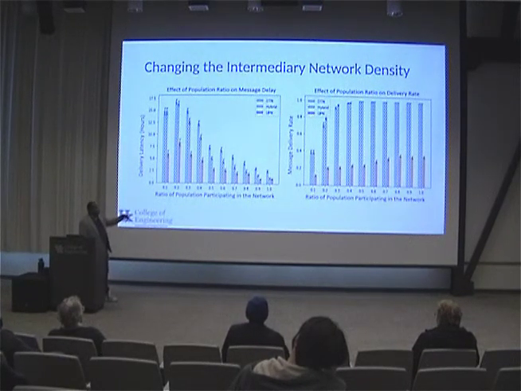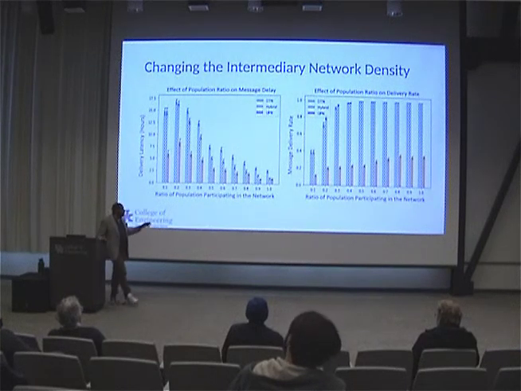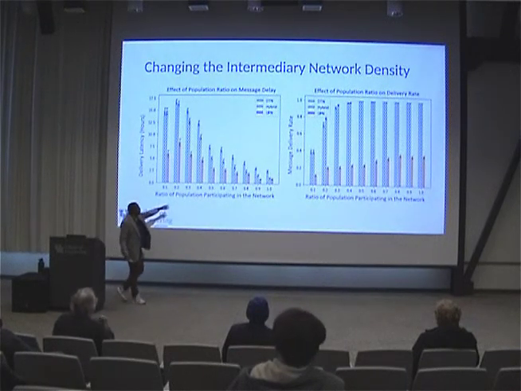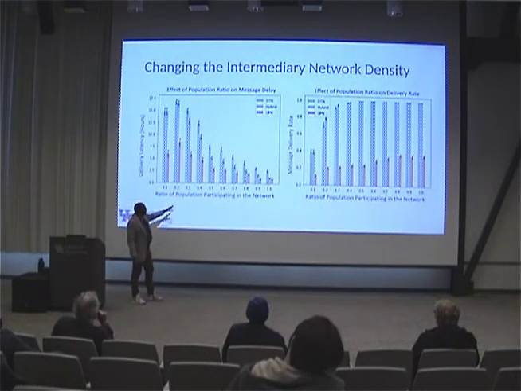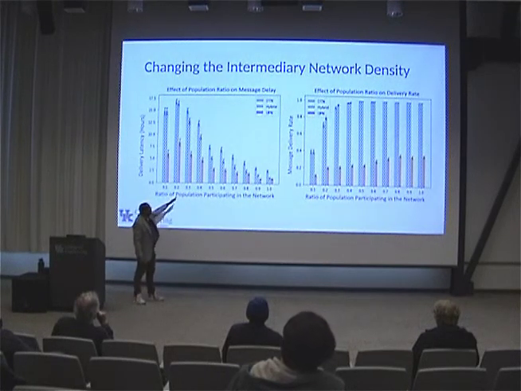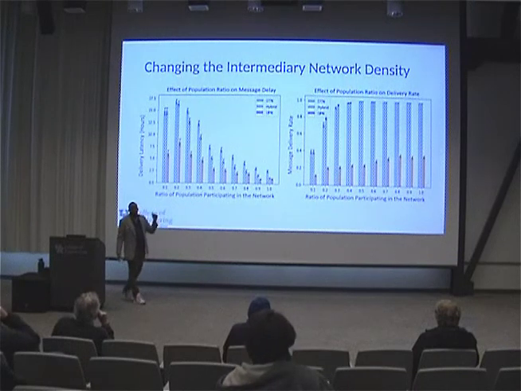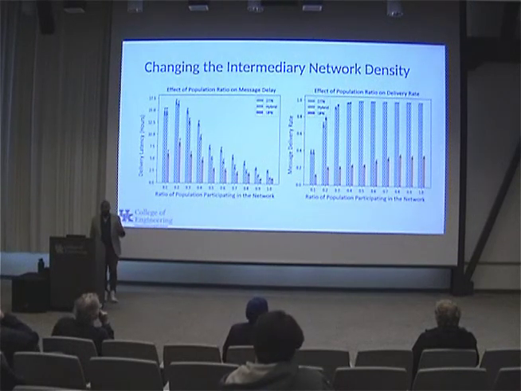But as you start increasing people participating in the network, and let's say we go to 30%, and the reason why I point out 30 to 40% on the x-axis is that if you look at 30 to 40% here, you kind of see the delay, but then for delivery rate, we start getting close to that 100% delivery rate on those, right?